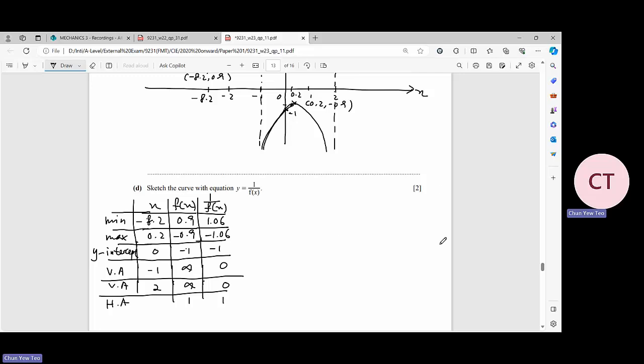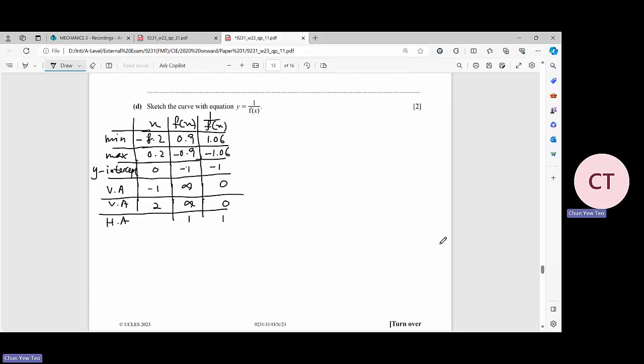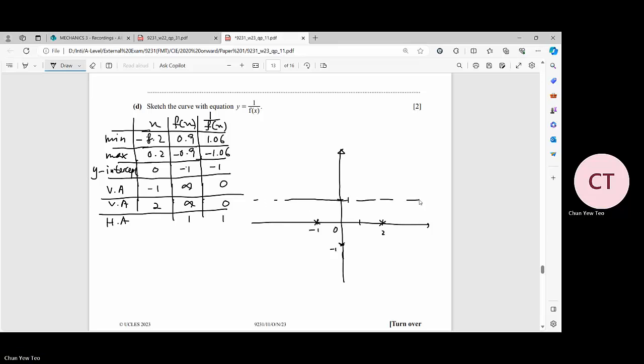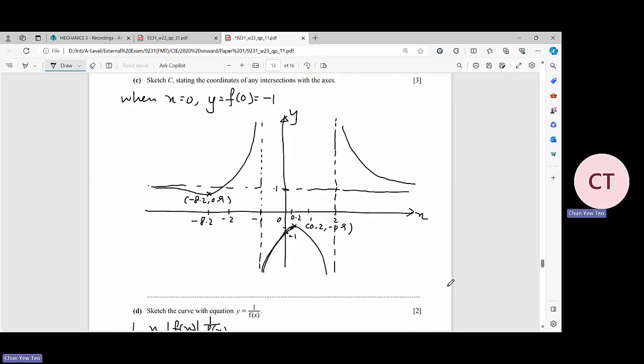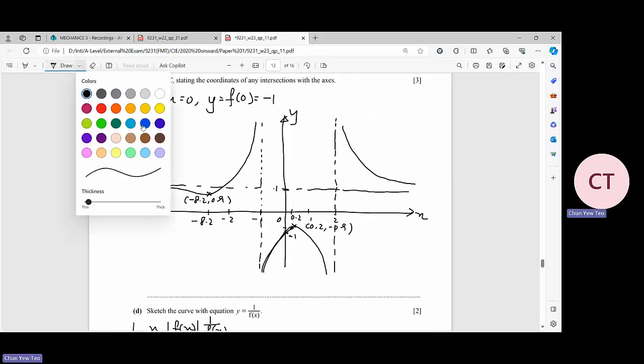So from this information given, actually, we can say that negative 1 and 2, your graph will pass through these 2 points. Okay? And negative 1, your graph will pass through this point as well. Then this is a 1. So I think I refer back to here. I use a different color.